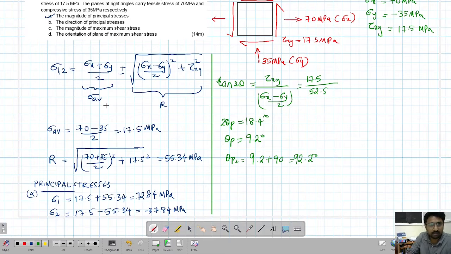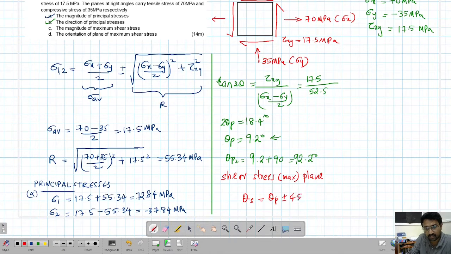So this is done. Now we will find the orientation of the maximum shear stress plane. That is very easy to find once you have this. For the maximum shear stress plane, theta s is equal to theta p plus minus 45 degrees.